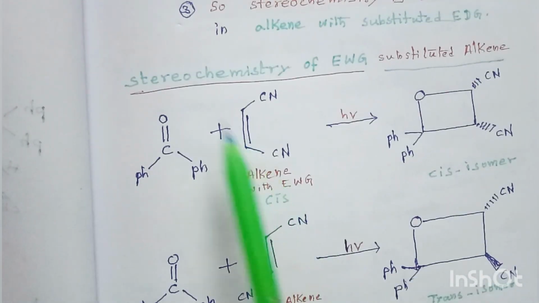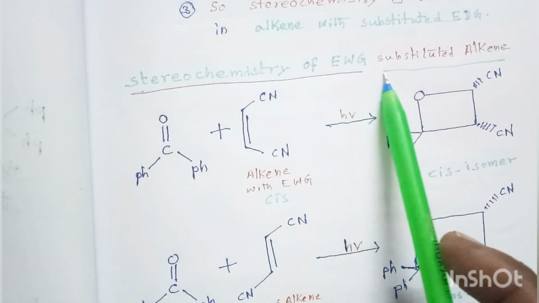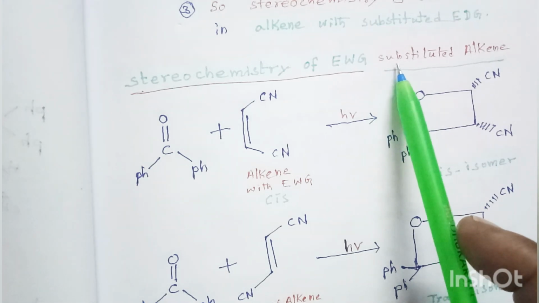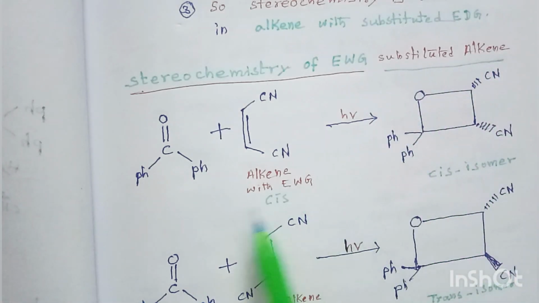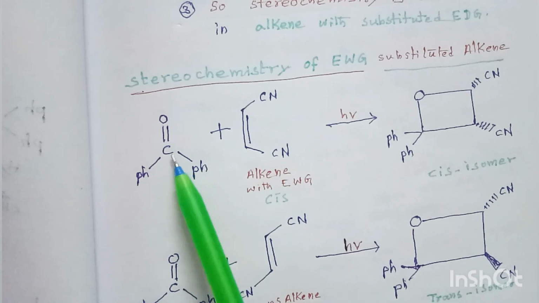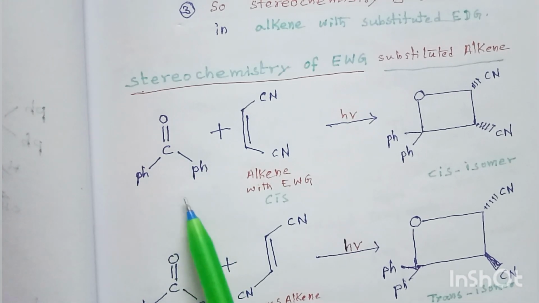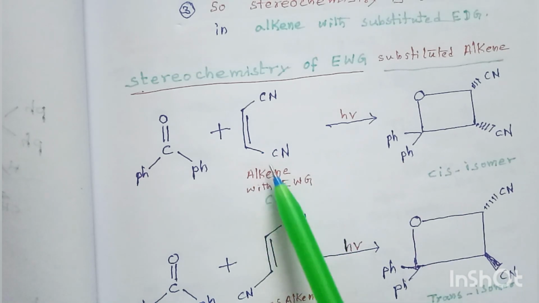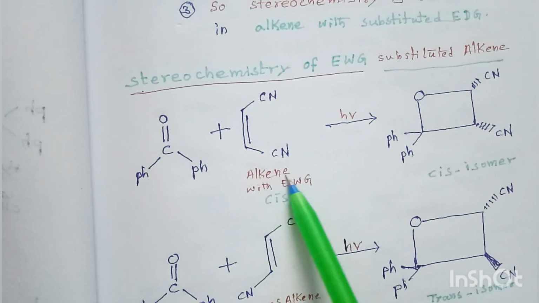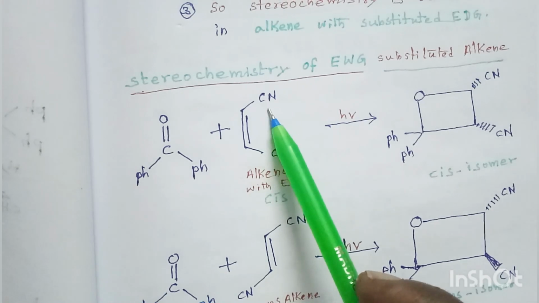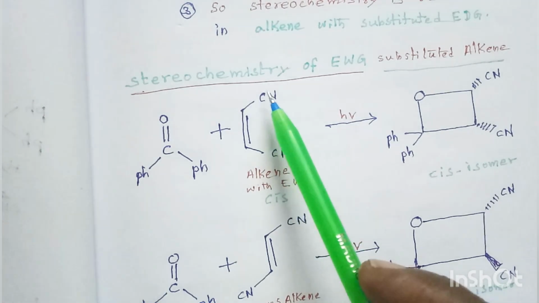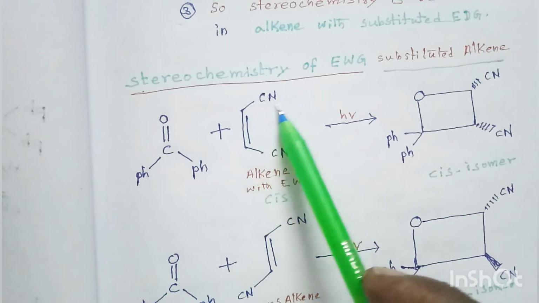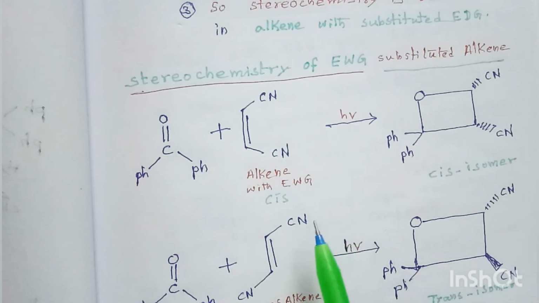Now let us see the stereochemistry of electron withdrawing groups on the alkenes. So this is the carbonyl compound, benzophenone. This is a cis alkene with electron withdrawing group cyanide, CN. Cyanide is an electron withdrawing group.